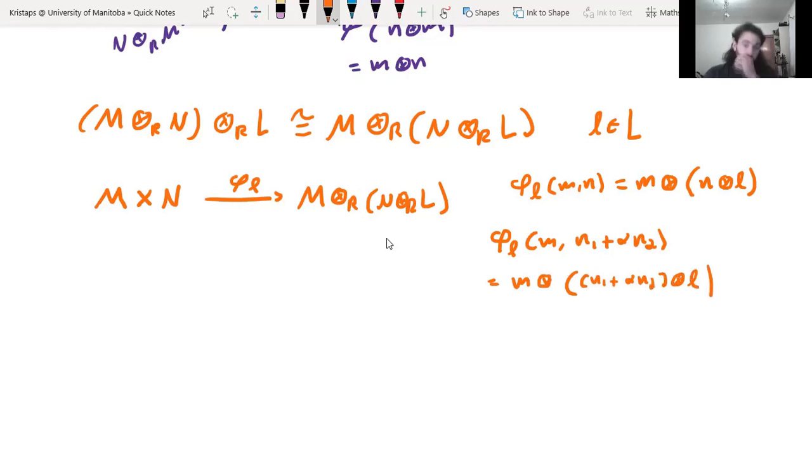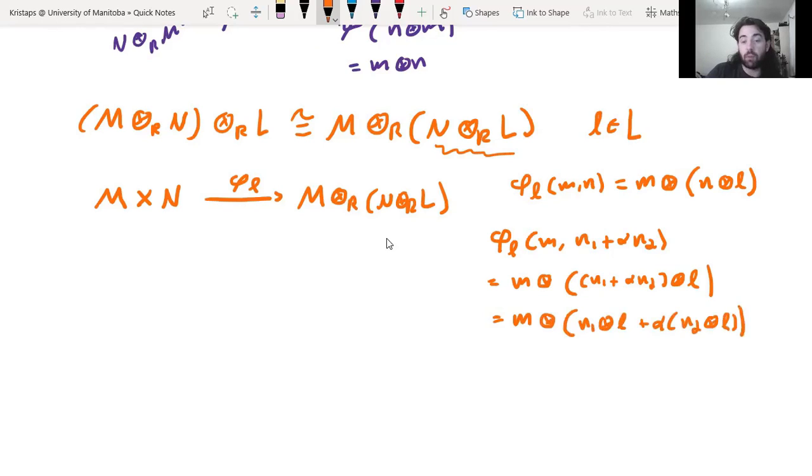From the tensor product relations in the tensor product of N and L, we can expand this as m tensor (n1 tensor l plus alpha times n2 tensor l).